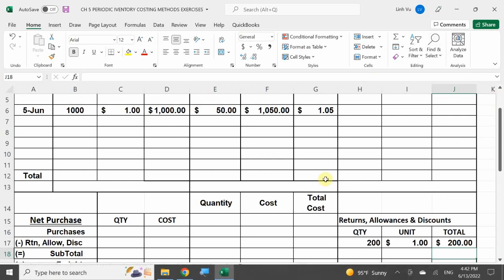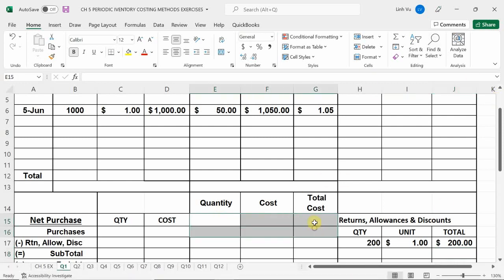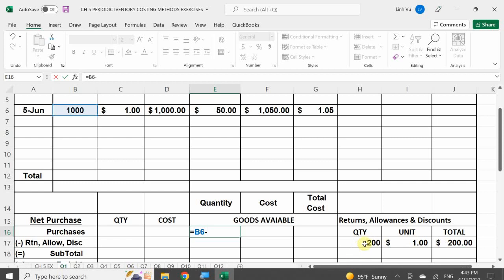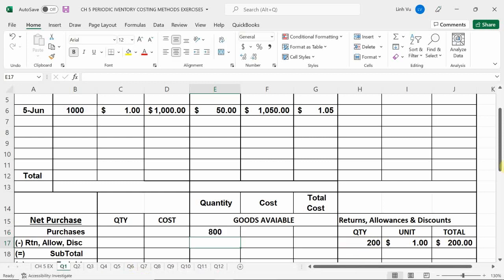So I need to create a table right here in my workspace for goods available. This is going to allow me to take my 1,000 items, and because I returned 200, I should have 800 left.